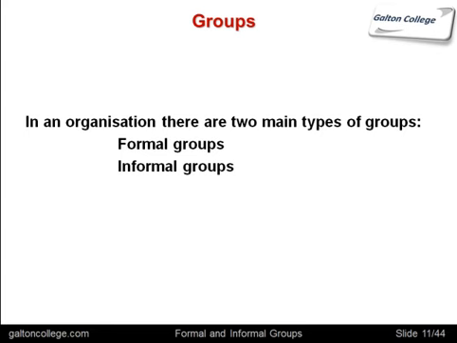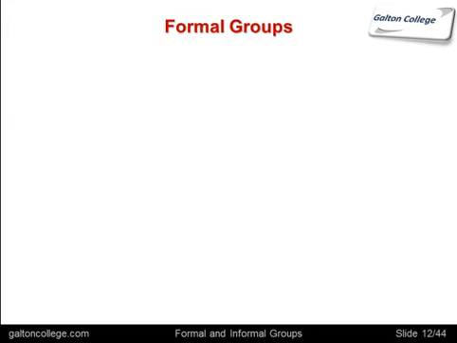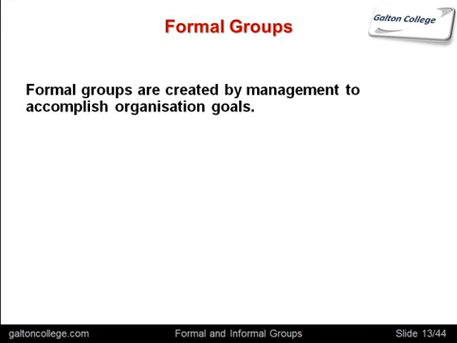In an organization there are two main types of groups, formal and informal. Now let's have a look at the formal groups within the organization. Formal groups are created by management to accomplish specific targets. So a formal group could be related to development of a new product, and the group could meet on a regular basis. It could have all the trappings of formality: a committee, a chairman, minutes, action plans.